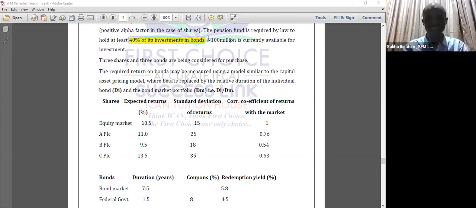So that is what I'm going to do. I'm going to spend this amount now on the stock of BPSC and the federal government bond. And of course, the pension fund already has a market value of 1,000. Its current investment is already 1,000 and the beta is 0.62.